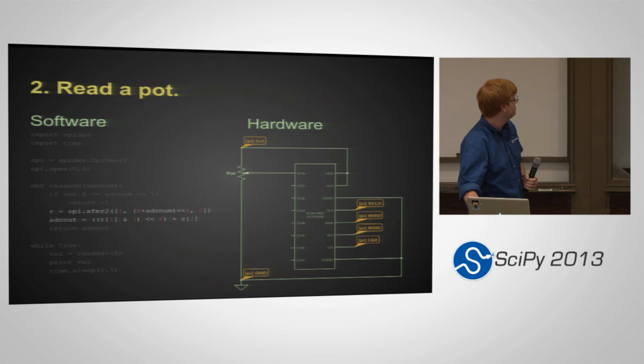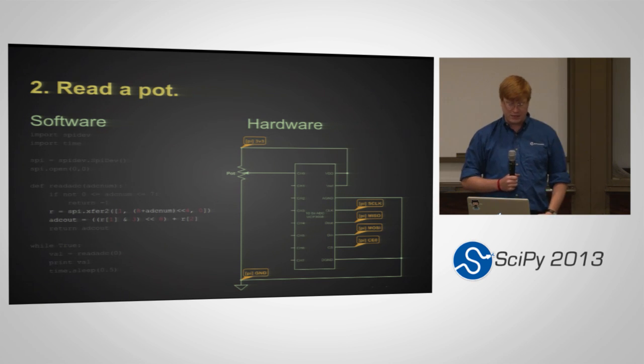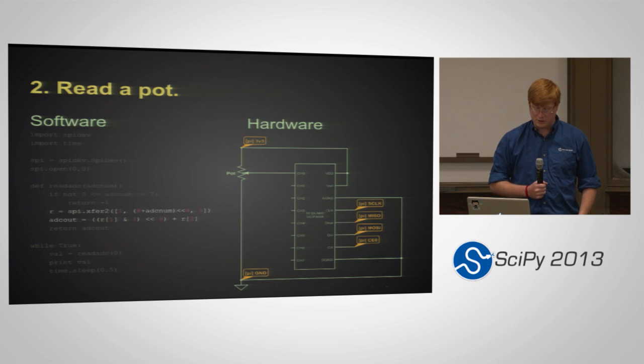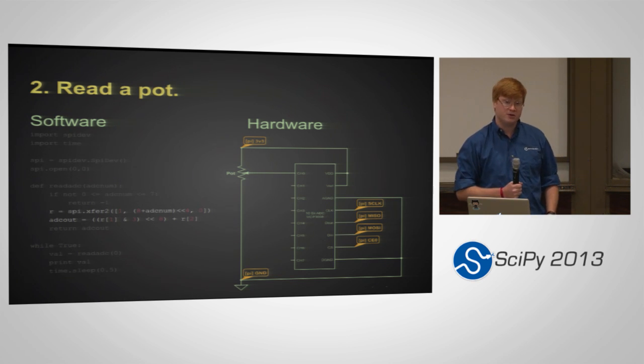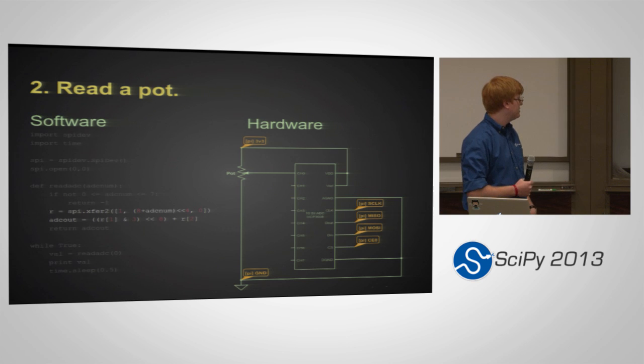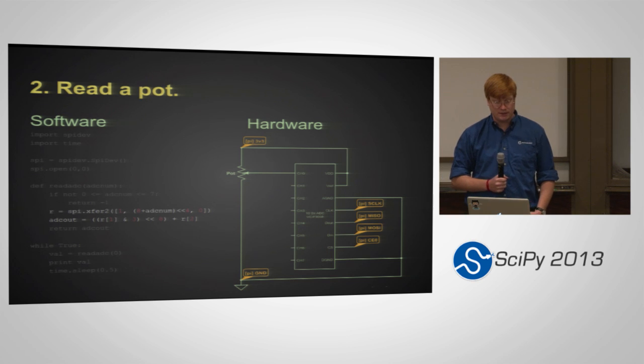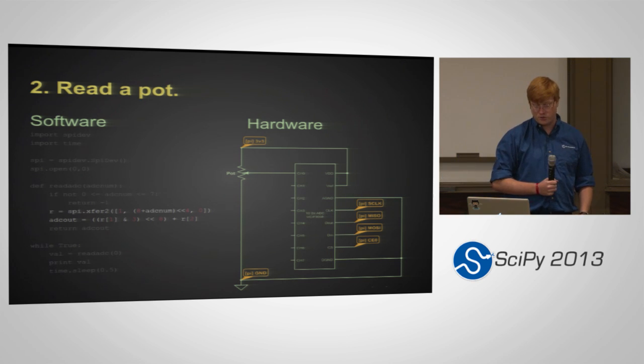The important part really is just this. If you read the datasheet of the MCP3008, it'll explain to you which bits you have to send to give it a read command. And this is basically using Python and some bit shifting to send the correct series of bits, telling it which channel you want to read on.